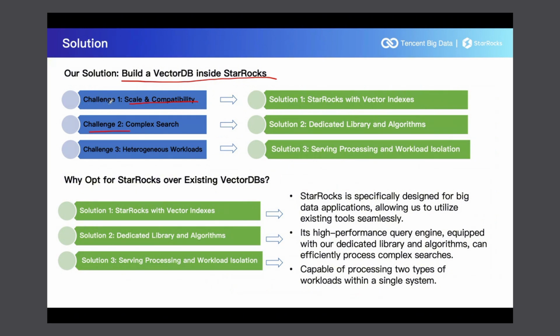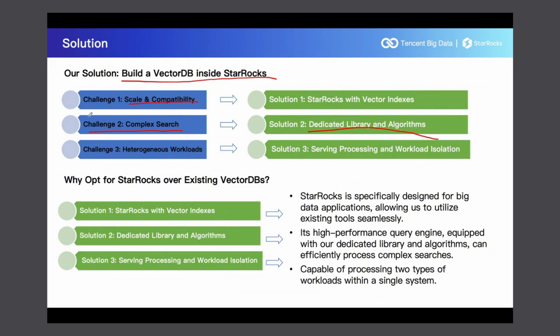For challenge 2, complex search, we developed a dedicated library and algorithms. StarRocks already has a high-performance query engine. Therefore, equipped with our dedicated library and the new algorithms, it can efficiently process complex searches over a massive scale of data.